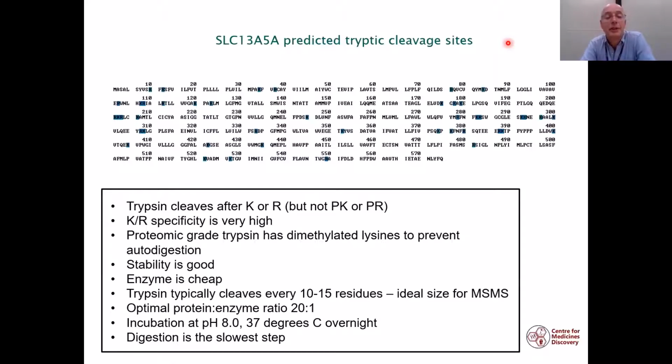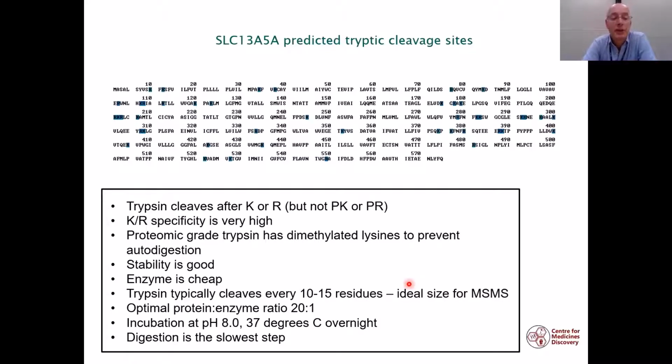Trypsin is an excellent reagent. The specificity is extremely high. You can buy special proteomics grade trypsin, which has been dimethylated on its lysines. This prevents its autodigestion. It's very stable, it's very cheap, and most importantly of all, trypsin cleaves typically every 10 to 15 residues, and this size is ideal for peptide MS/MS.